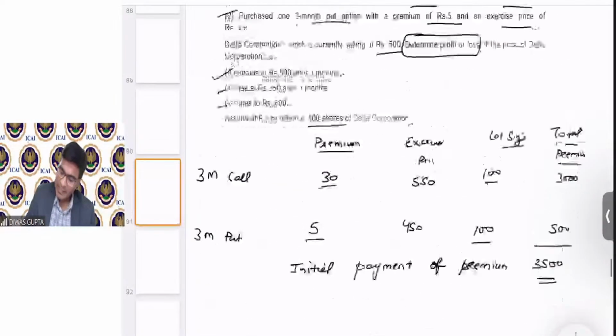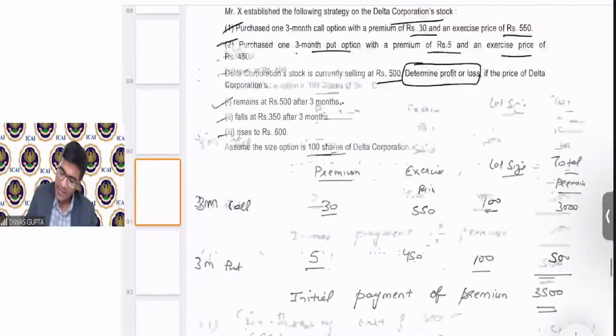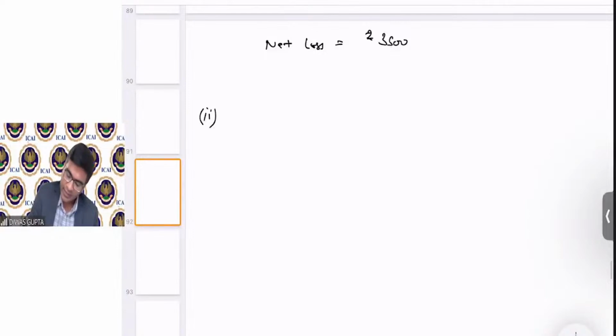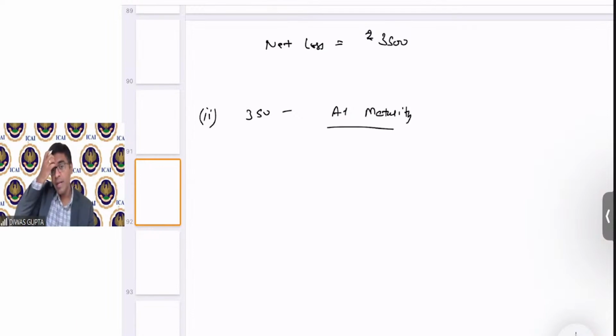Now, in the second case, the price has gone to 350. This is interesting, 350 at maturity. So the share price has moved to 350 on maturity.